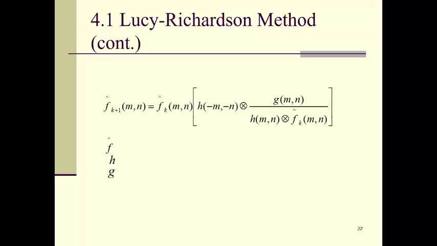Yes, this is the f that I want to get. Everything is known except f. Exactly. So instead of using this trivial expression of dividing g by h, and since h, as we have said before, may have lots of values that are equal to 0, I will use this iterative expression. You understand the idea?